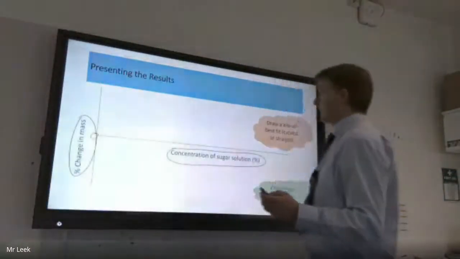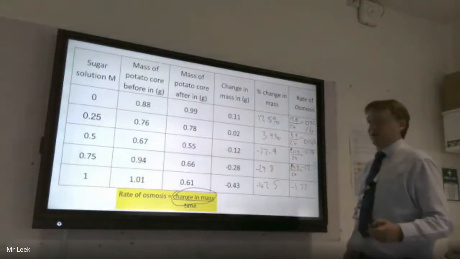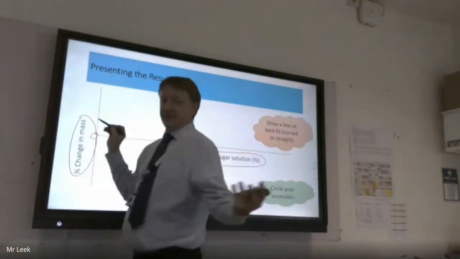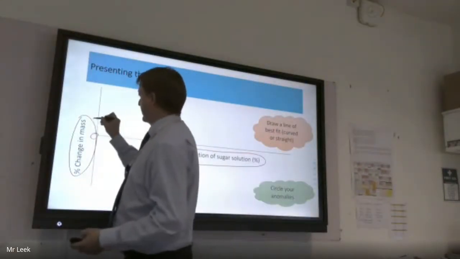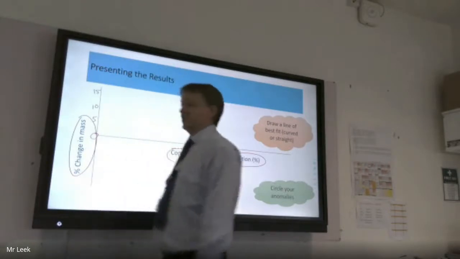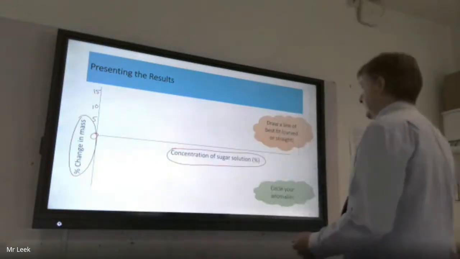And what I'm going to do is, I'm just going to click back, okay? And my percentage change in mass, the biggest one is 12.5. So what I might do, and you're going to have to do this in your own way in your exercise books, is I'm going to go 5, 10, 15. And obviously you have to spread those out in the correct way, so it's exactly the same gap in between.